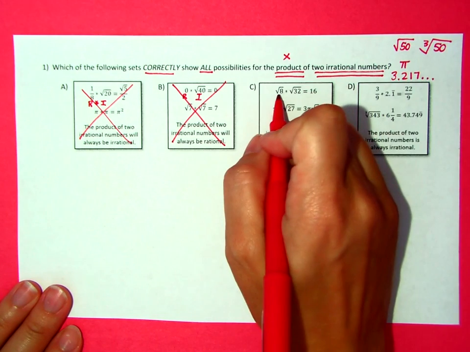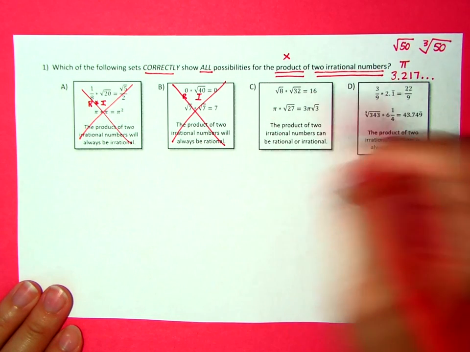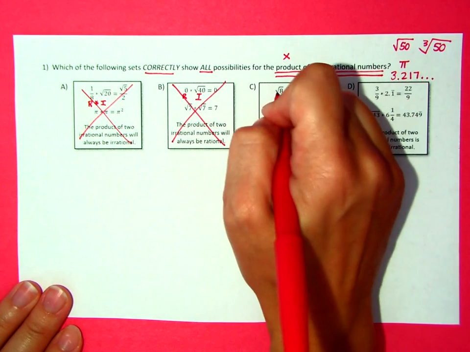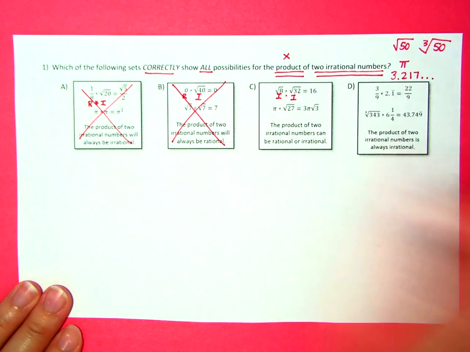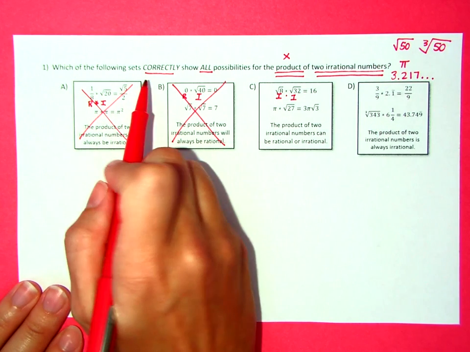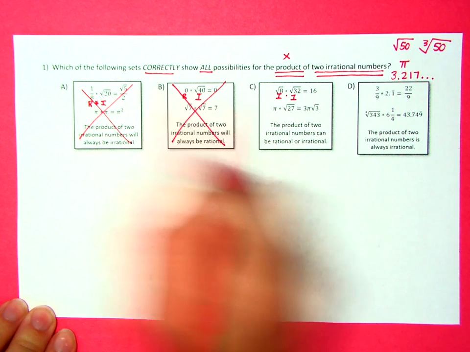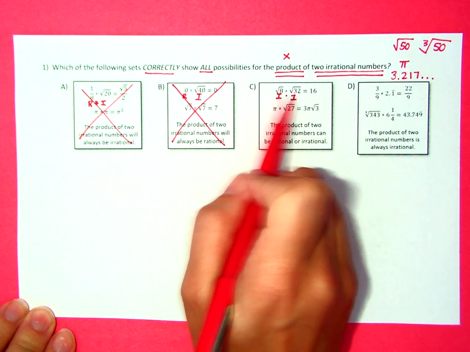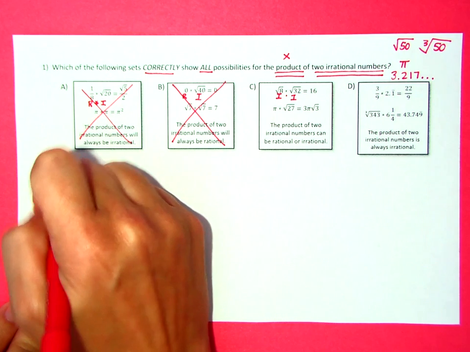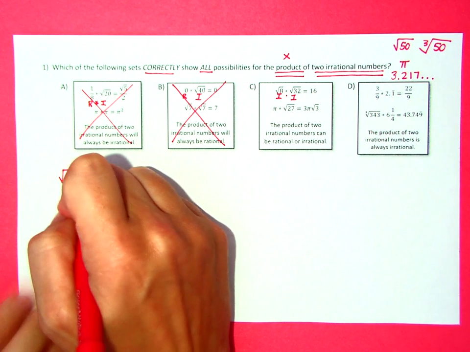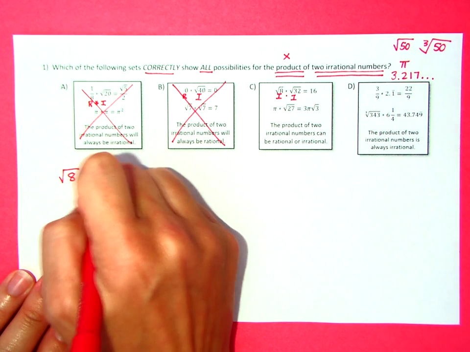In C, we have square root of 8, which we don't know. It's actually going to be one of those non-terminating, non-repeating decimals, so it's irrational, times the square root of 32. Same idea, irrational. But remember, we're supposed to correctly show, so we've got to check to make sure that when we multiply these two square roots together, they really do equal 16. So let's pull that to the bottom here. So we have square root of 8 times the square root of 32.